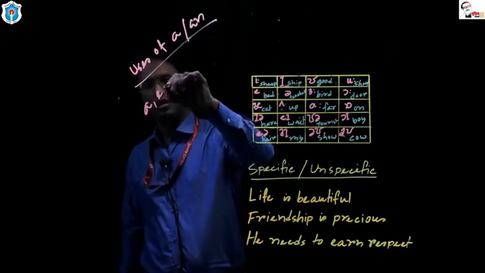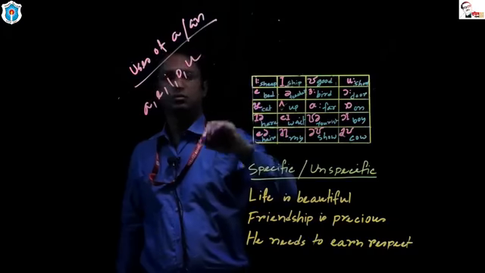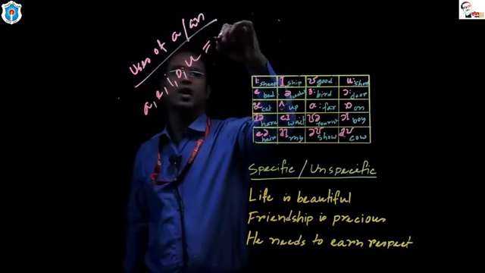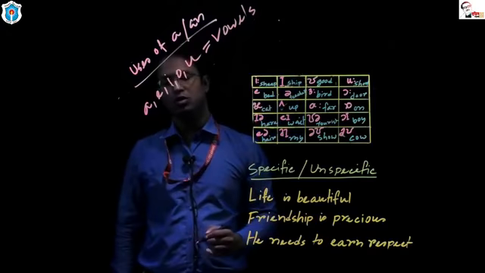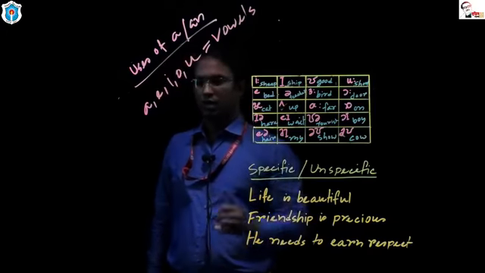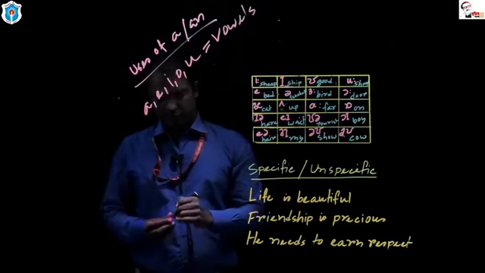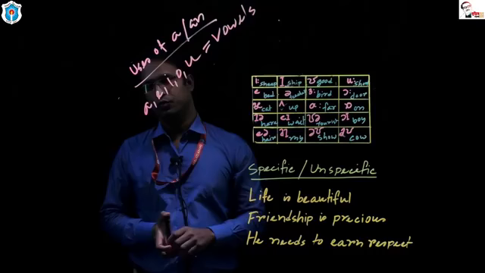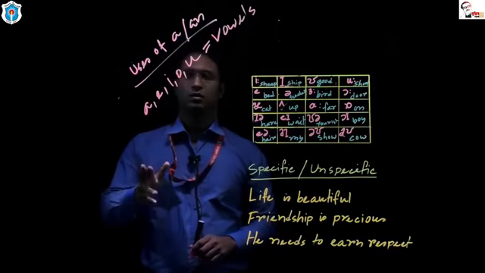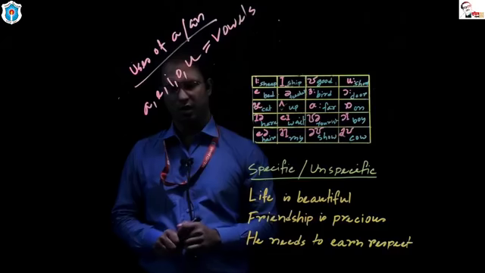A, E, I, O, U. These are the vowels. But these are not the vowel sounds. However, I told you that if the word starts with vowels, then we use an. I told you that this is the wrong conception. Let me explain how.